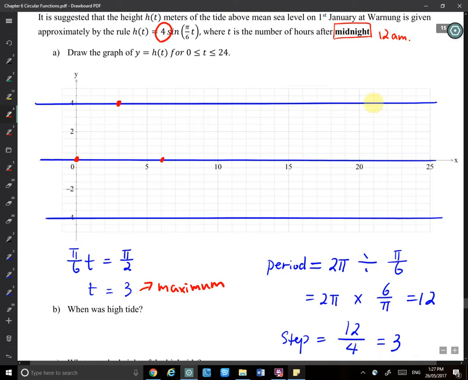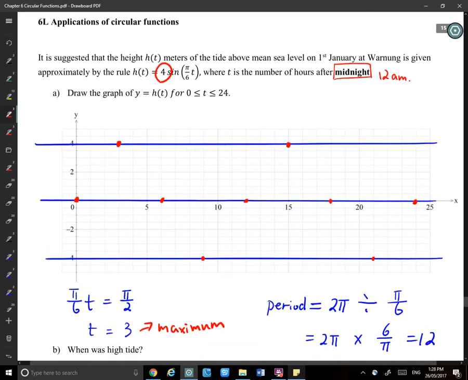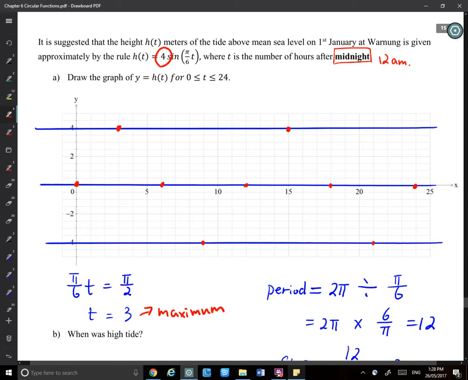Another 3 gives 9, which is a minimum. 12 midline, 15 max, 18 midline, 21 minimum, 24 midline. We have domain 0 to 24, so it's a day. We stop at 24, that's for a day.